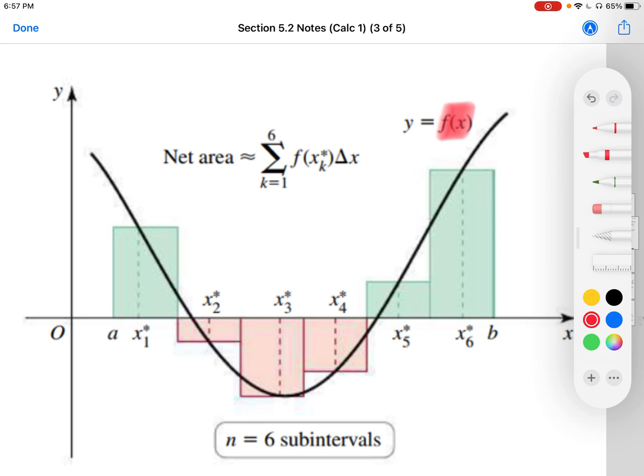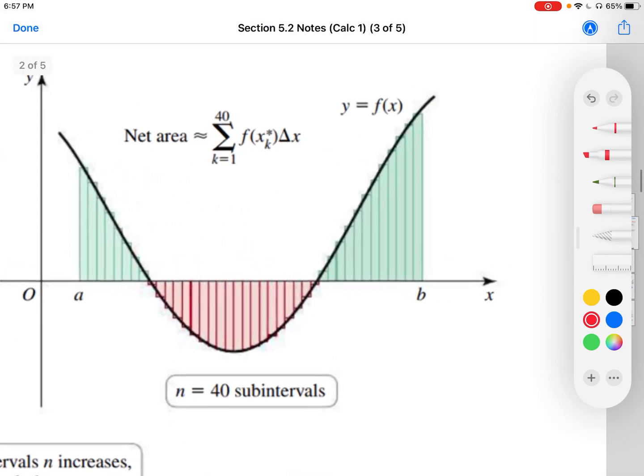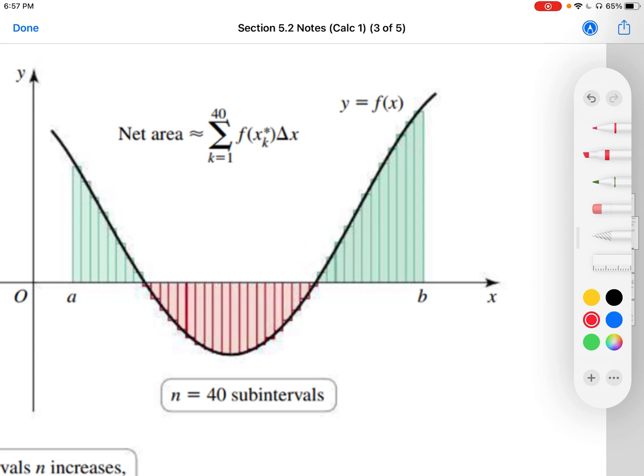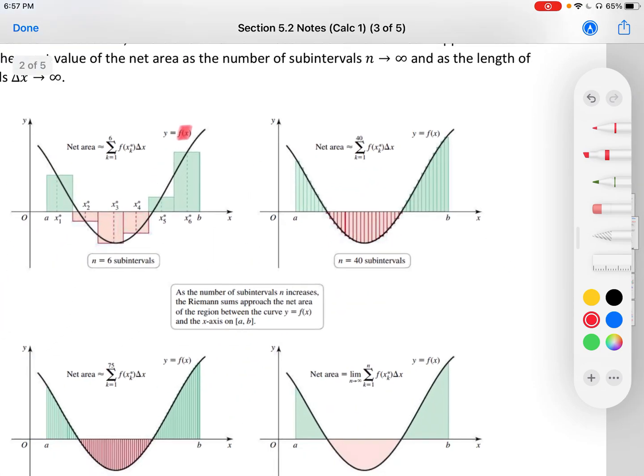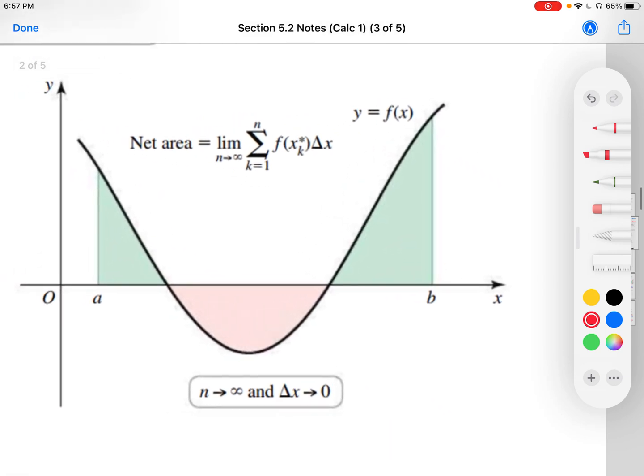We can create as many subintervals as we like. You can make a small amount, say 6 subintervals. You can make it really small and make more subintervals, say 40 of them. And it doesn't matter, because at the end of the day, they're all approaching the same number as if you were to have an infinite number of subintervals, to where there's almost no distance between them.